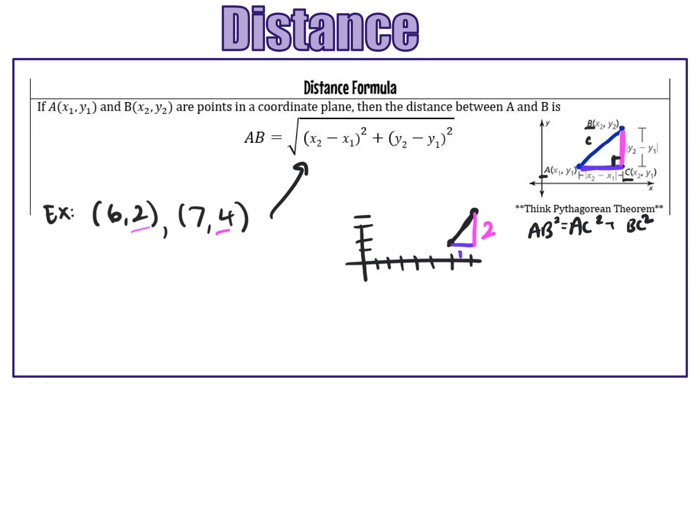So if I was going to find the hypotenuse, let's go ahead and call that c. Using the Pythagorean theorem, we would say c squared is equal to a squared, in this case 1 squared plus 2 squared, which means that c squared would equal 1 plus 4, 5, which means that c would be the square root of 5 if we're talking about the length here.